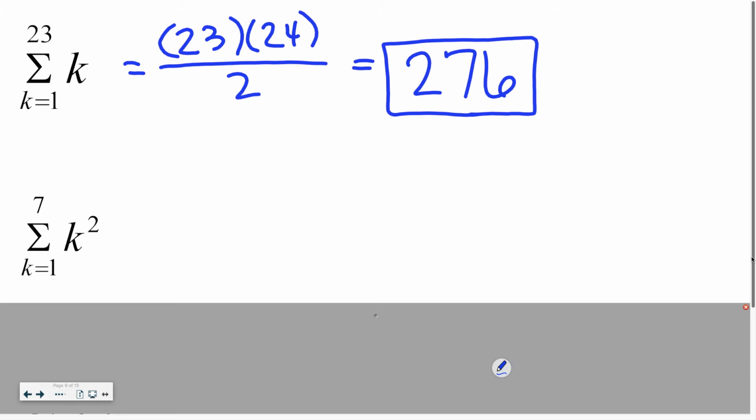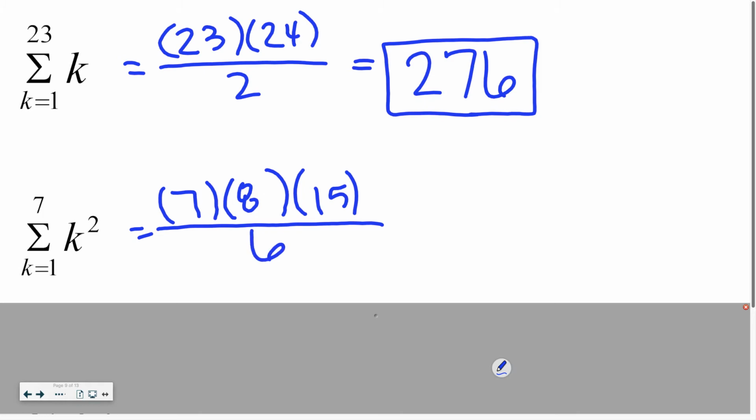Since our upper limit is 7, and we started at 1, we can take n times n plus 1 times 2n plus 1 all over 6. So n times n plus 1 times 2n plus 1 all over 6.